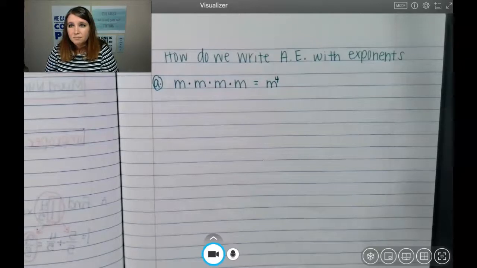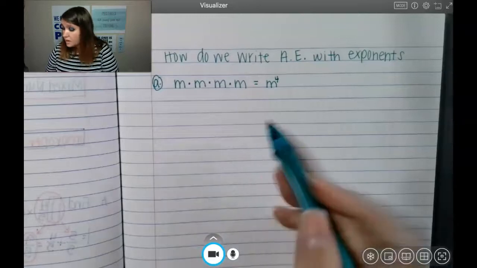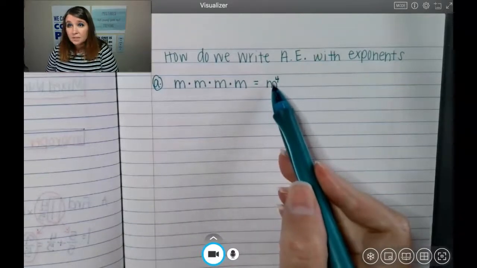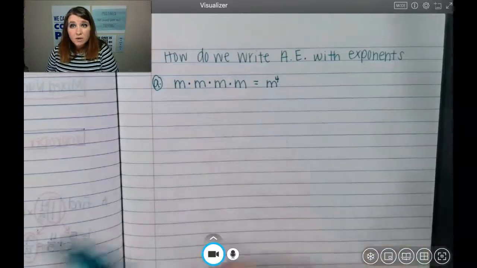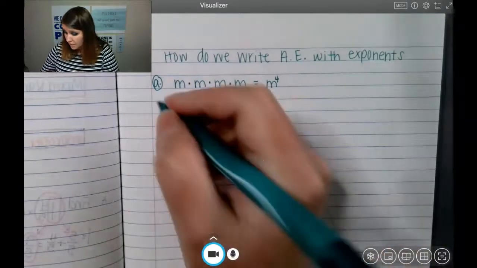That's it. M to the power of 4. That is how we would read that. And if we wanted to, we could substitute a number straight into this m. So if I said m equals 6, we could put a 6 in here and say 6 to the power of 4.